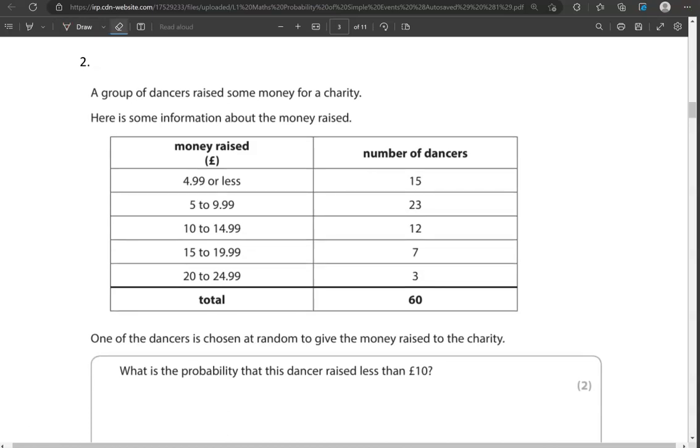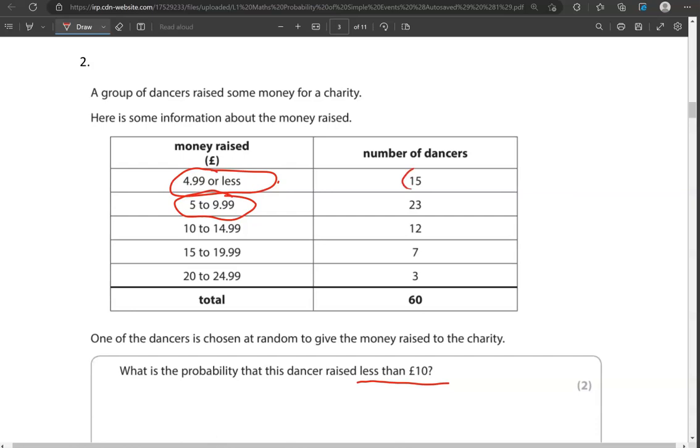So we have 2 columns within the table, money raised in pounds and number of dancers. We're looking for amounts that are less than £10. So the first group here, £4.99 or less, is less than £10. 5 to 9.99 again is less than £10, but not the other groups.